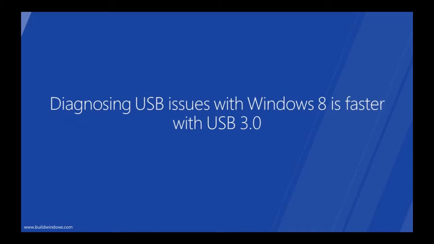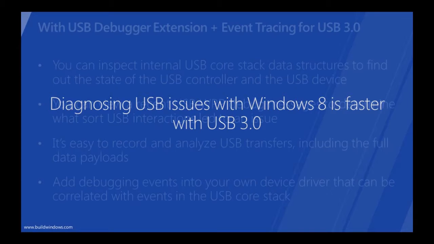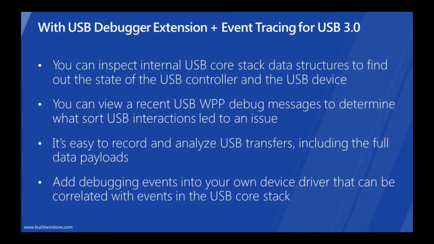Diagnosing USB issues is going to be faster with Windows 8 and USB 3.0. We've invested in a number of tools that will help with debugging device issues. With our USB debugger extension, you'll be able to inspect the internal state of all the key data structures in the USB controller and find out what's going on with the device.